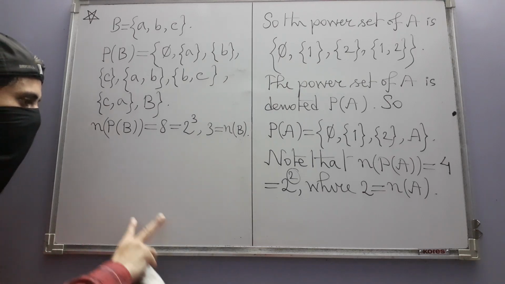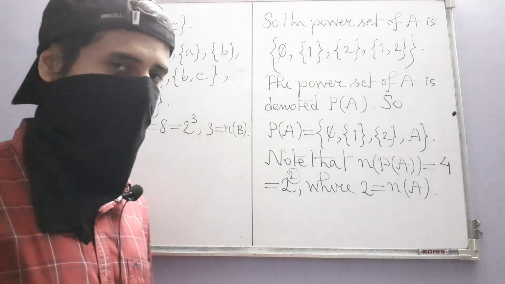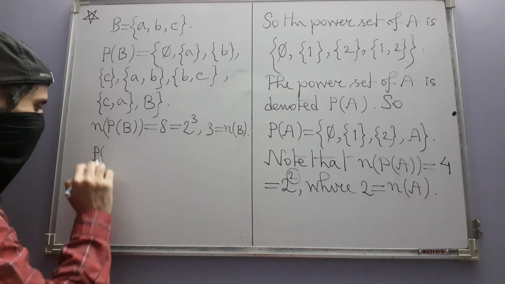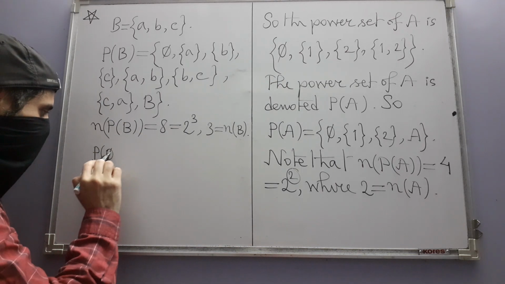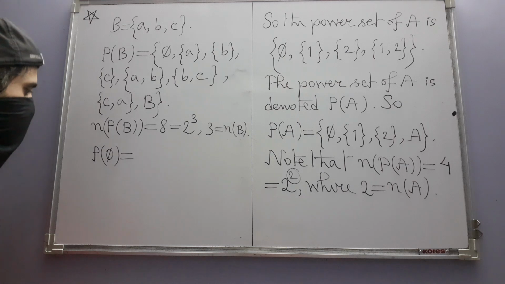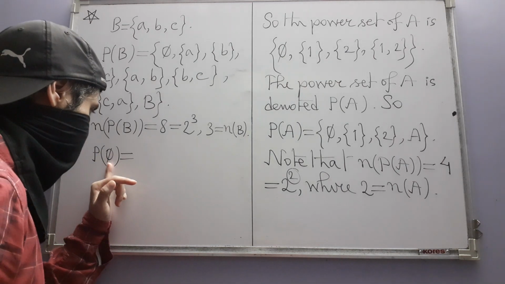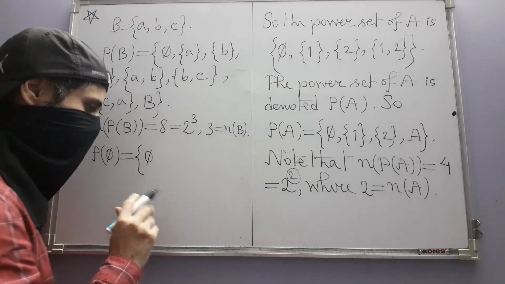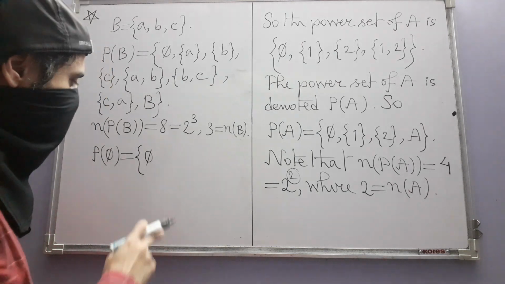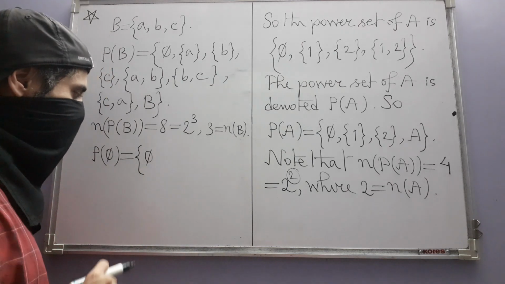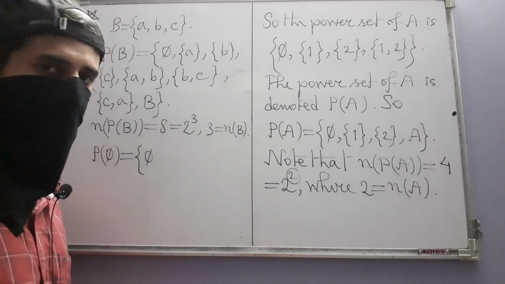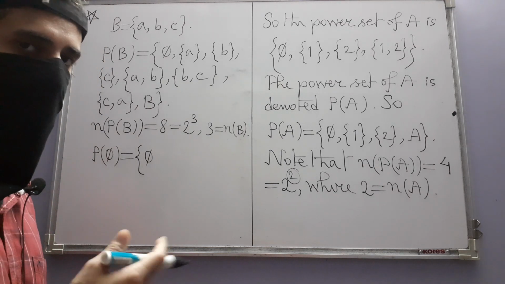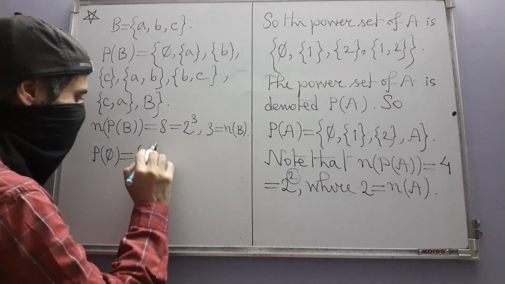So we have seen a 2 element set, a 3 element set. Why not 0 and 1? Okay, now here you have to actually be a little careful. What are the subsets of the empty set? The empty set, of course, is a subset of itself, which is a 0 element subset. Can there be a 1 element subset? No, because the empty set is empty, so there are no 1 element or 2 element or 3 element subsets.